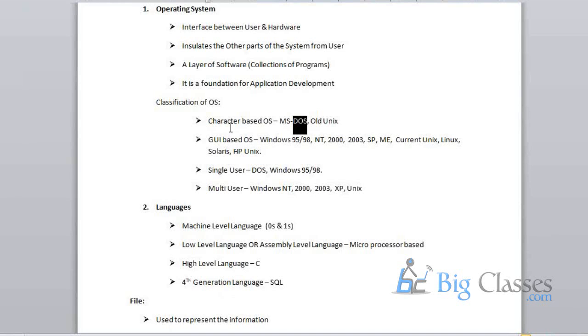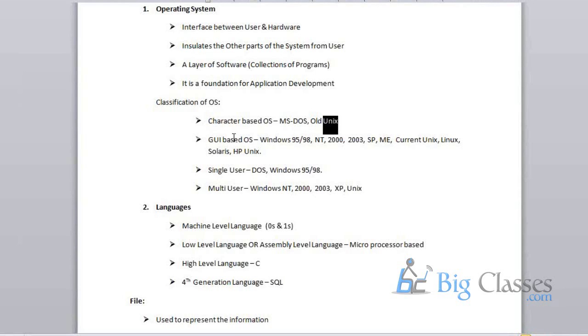So here you can see one is the character user operating system. Another example for a character based operating system is Unix. Linux also has that mode, that is character based operating system mode, the character user interface mode. Linux has both the versions, that is GUI version and CUI version also.